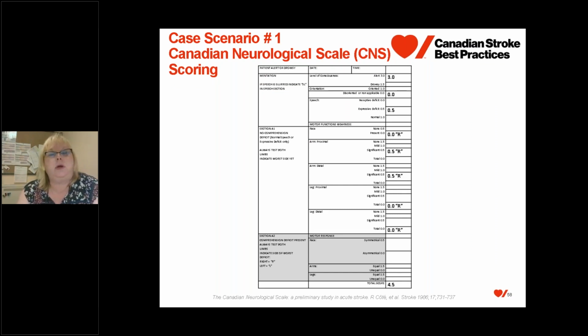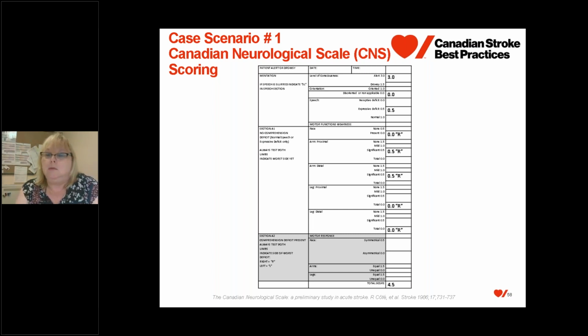So when we look at scoring with our first case scenario, the patient is alert. The patient is disoriented, has an expressive deficit. So we then move to A1 motor testing.